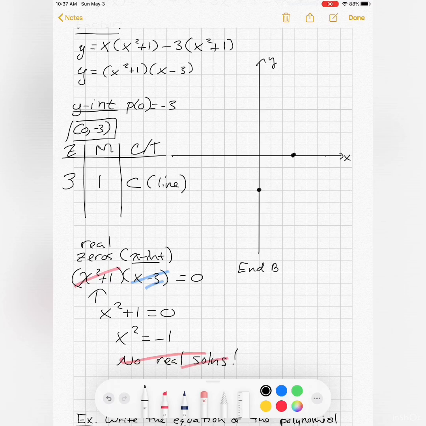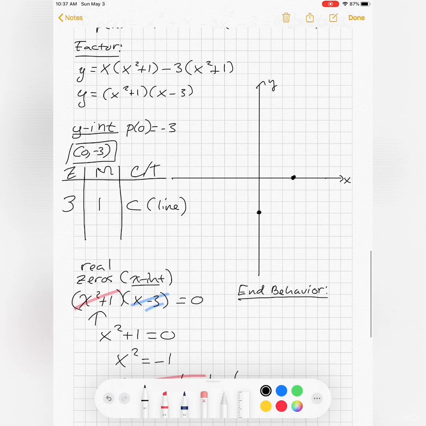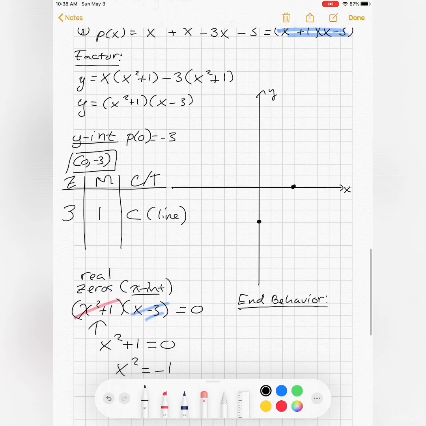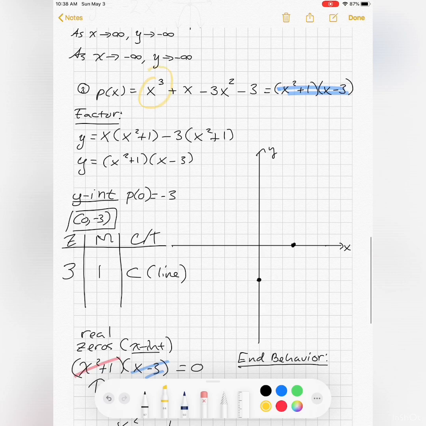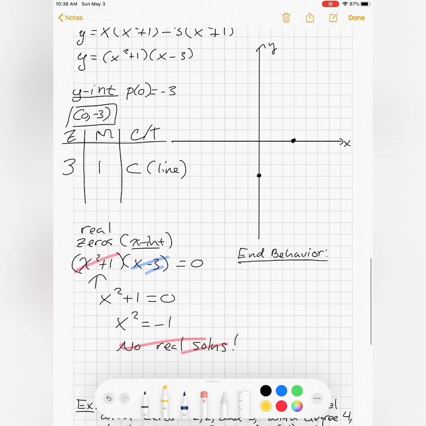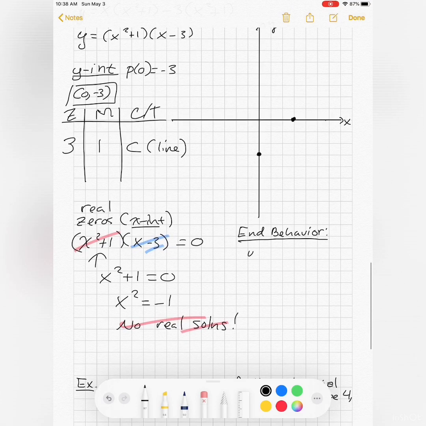I haven't gotten the end behavior yet. Looking at the leading term, remember I look at the expanded polynomial. Otherwise I'd have to add 2 plus 1. Either way, it's y equals x cubed. So that's an easy one.